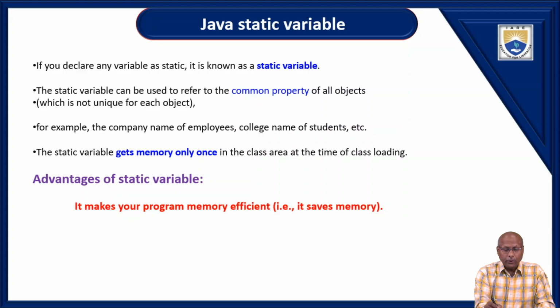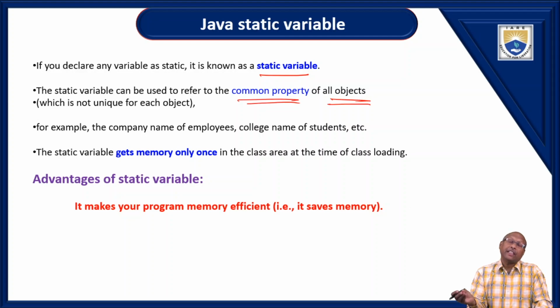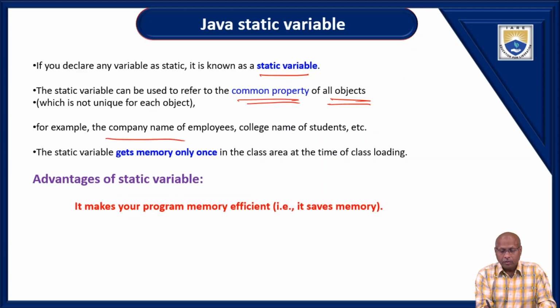Now, if you declare any variable as static, it is known as a static variable. The static variable can be used to refer to a common property of all objects. Whichever item is common to all objects, you should keep that item as a static property so that all instances can access it. For example, the company name of an employee.